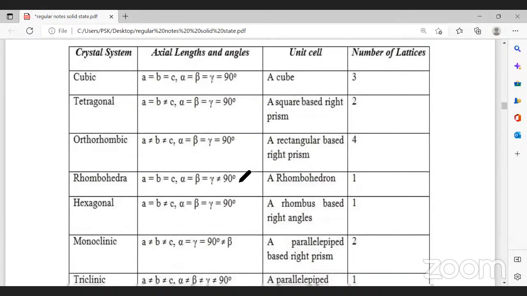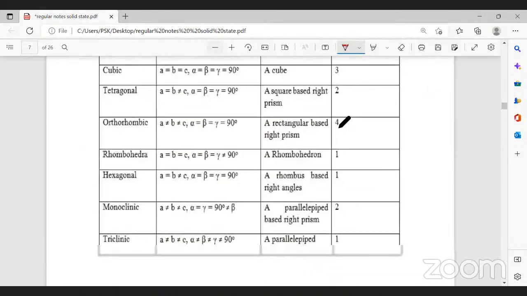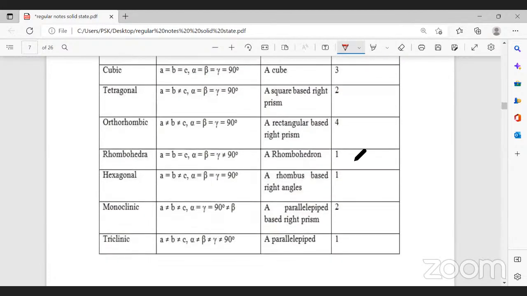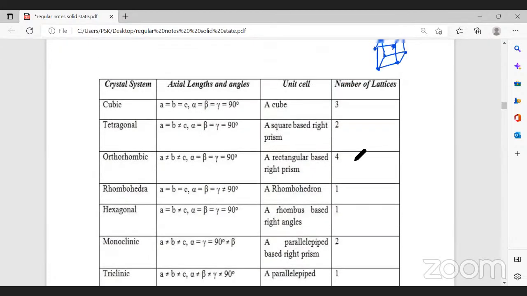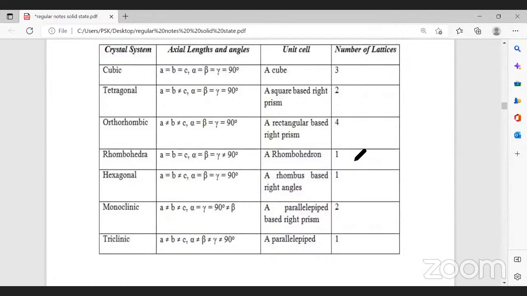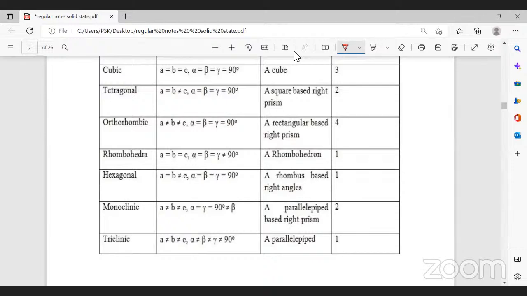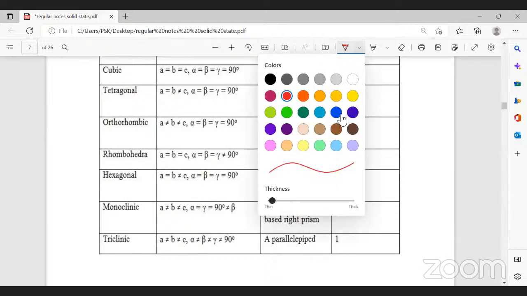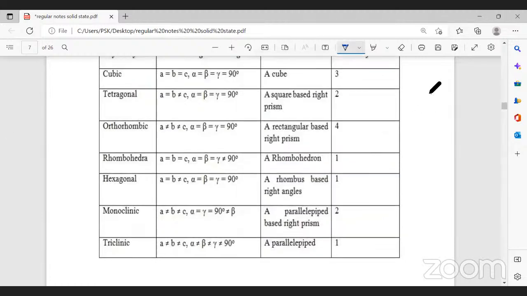This tabular column being projected, you should know this. You should memorize this for your competitive exams. Now, I told you what ABC is when I was discussing sides.